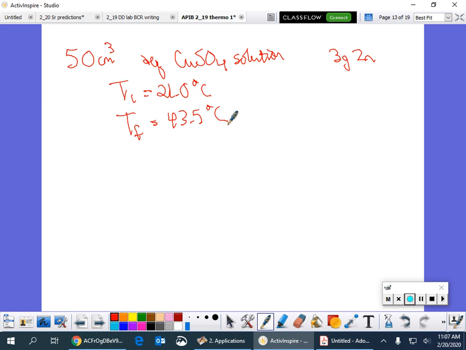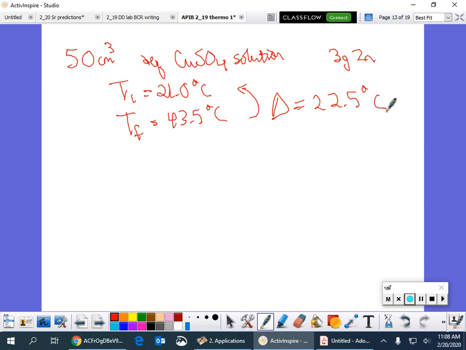In this case, our change in enthalpy is the same as the heat absorbed or heat released. So we're going to use our Q equals MC delta T formula to answer this question. We figured out that delta T is final minus initial, which equals 22.5 degrees Celsius.